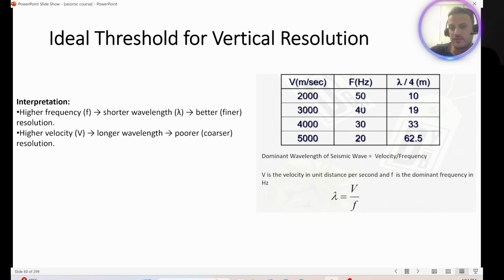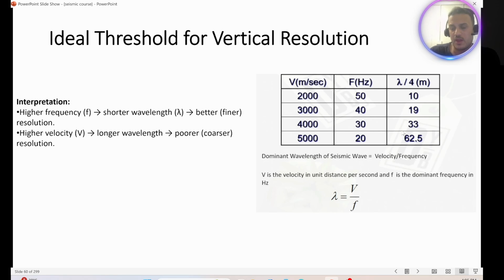So this is 50 frequency, it will be stretched in this 10 meters. But if we have 20 frequency, it will be stretched over a very long lambda. So if we have very long lambda, we have very low frequency and high speed. That's why this will be a very long lambda, and the resolution will be very bad.